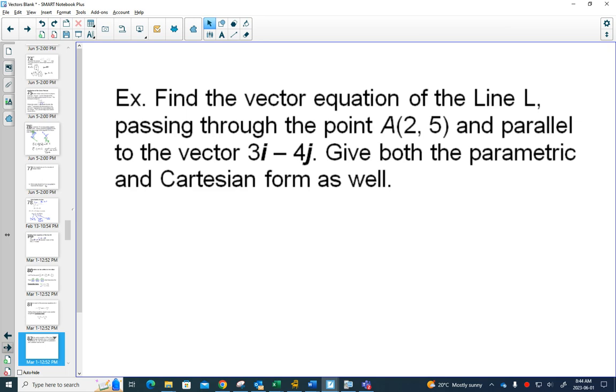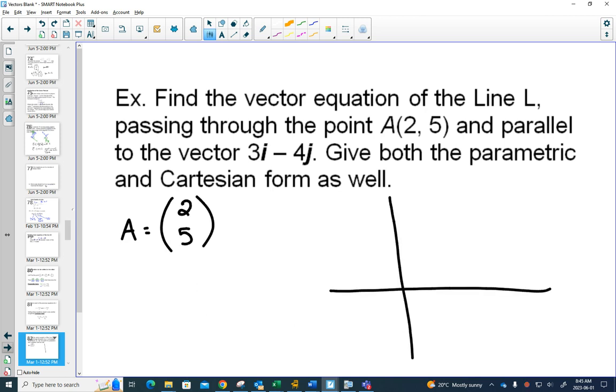So let's look at something that you have done already, 2 dimensions. Let's look at it in vectors and see how nice it is. Okay? So in this case, we have a random vector A, and I'm going to write it like this. If we imagine A, here's our origin. Here's the point 2, 5.